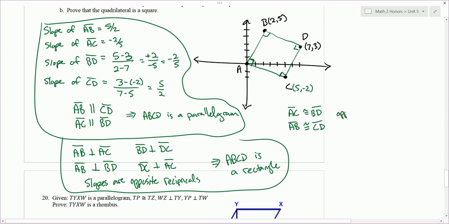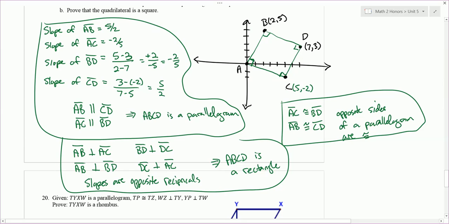Opposite sides of a parallelogram are congruent. So we're going to call back on that in a second. So it's enough to just find two lengths. Let's show that AB is congruent to AC by finding the length.